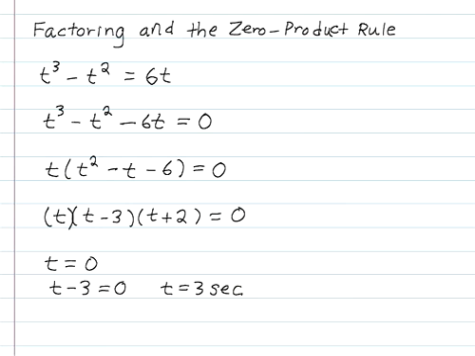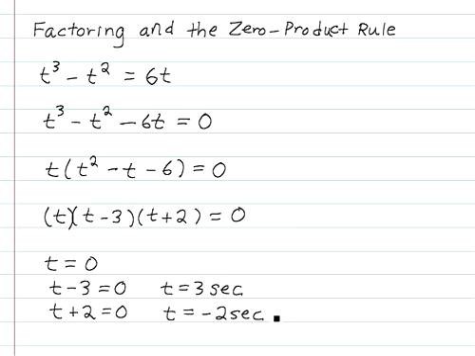And then if I look at the third term, t plus 2 equals 0. Subtracting 2 from both sides, we get t equals negative 2 seconds. Now that doesn't make a lot of sense. We turn the machine on at time t equals 0, so a negative solution for time, in most physics courses we would ignore that solution, because time is usually greater than or equal to 0.